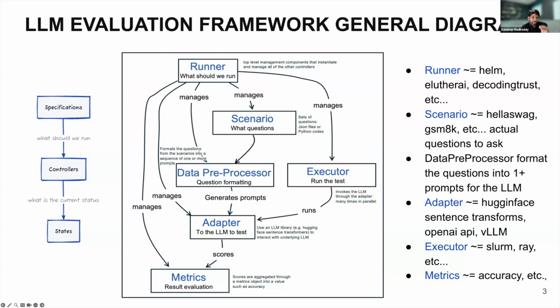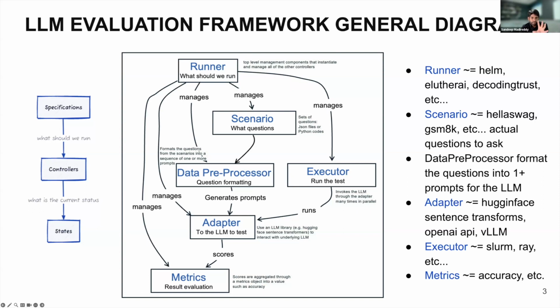Finally, there are adapters, which bring the HPC aspects into this evaluation, using something like OpenAI's API or vLLM to facilitate communication across various instances to essentially speed up the inference.